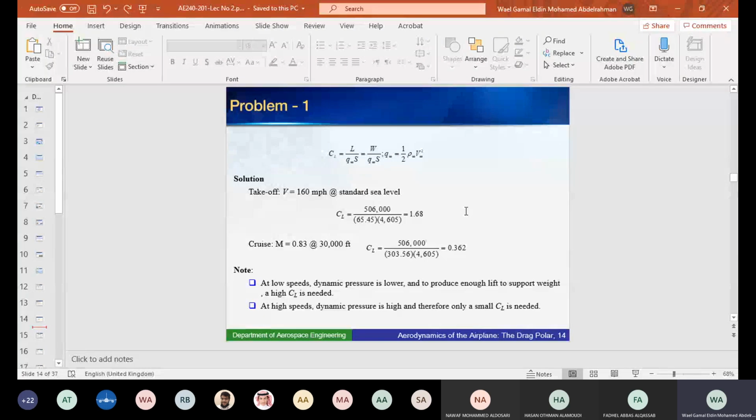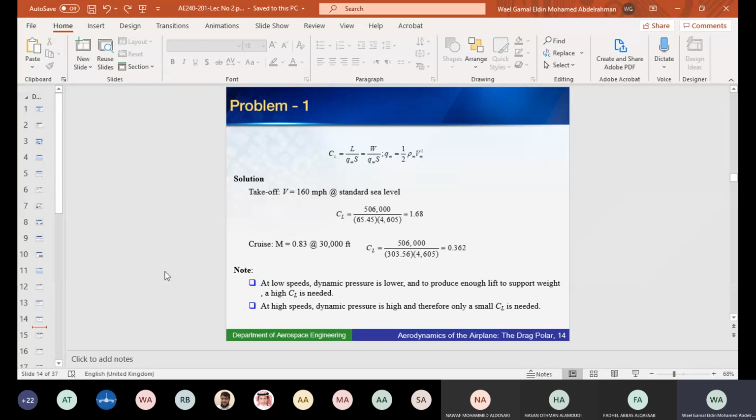But sometimes for safety, we assume that the weight of takeoff is the same as the weight of landing to allow the aircraft to land right after takeoff if there is an emergency. Assume a pilot has taken off and there is an emergency and he has to land. So in this case, the landing weight is almost the same as the takeoff weight. The speed is lower, so the CL has to be higher.